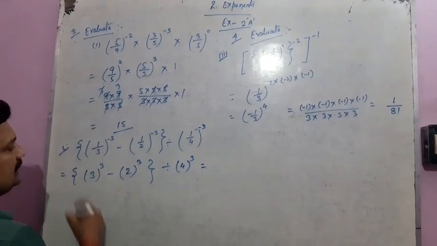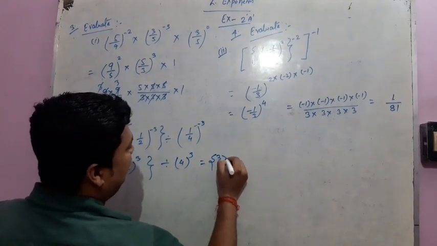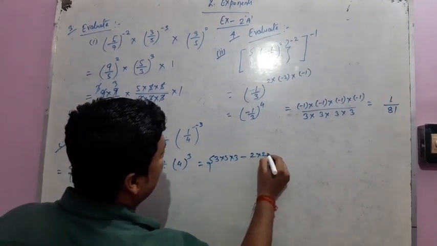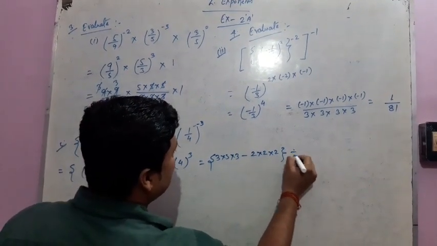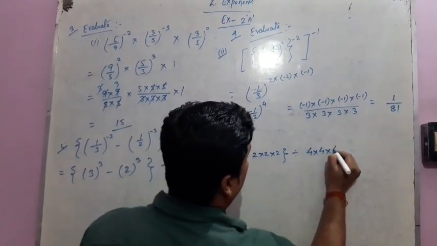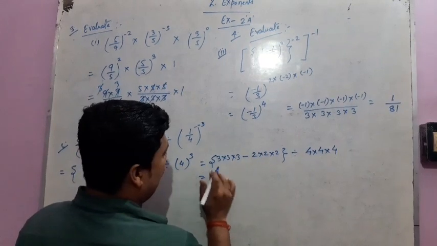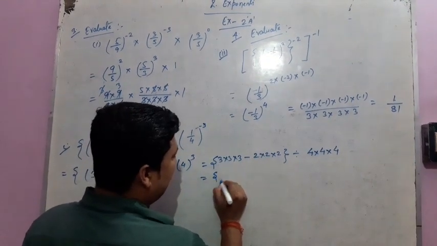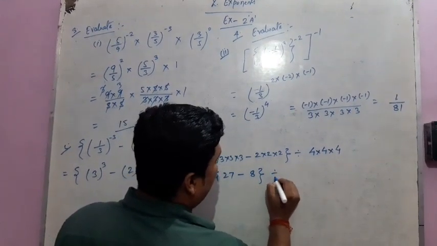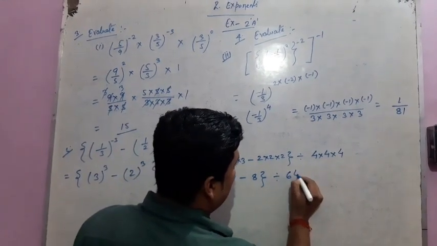Okay, now continuing here, the cube of 3 is 3 into 3 into 3, cube of 2 is 2 into 2 into 2, that is divided by cube of 4, that is 4 into 4 into 4. Now 3 3 are 9, 3 are 27, 2 2 are 4, 2 are 8, divided by 4 4 are 16, 4 are 64.